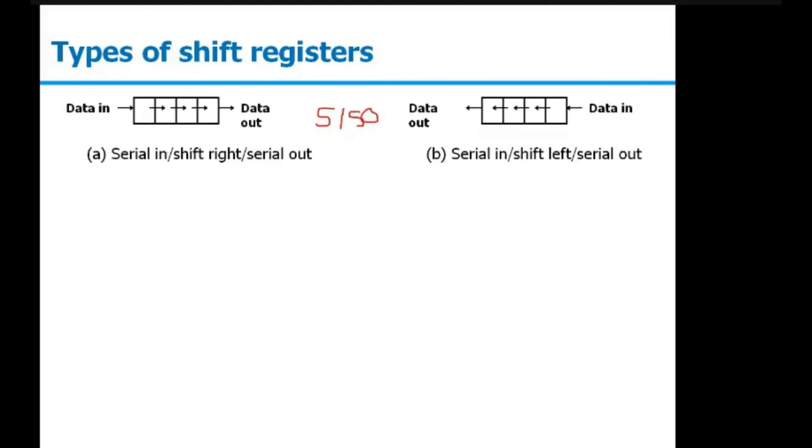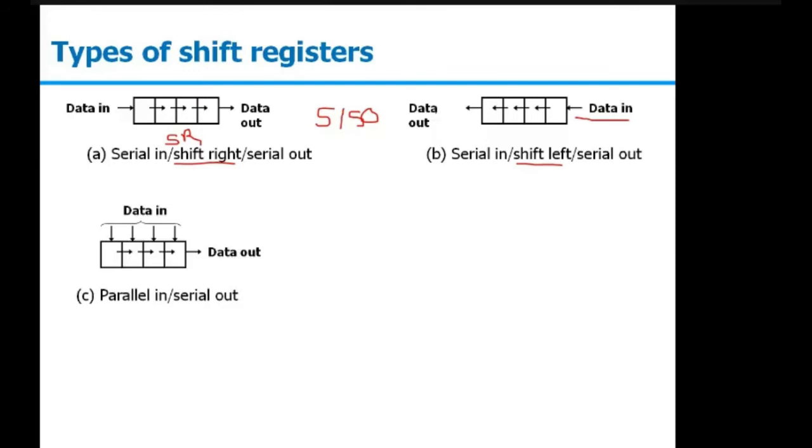This is serial in, shift left, because here data will be input at this node, it will be shifted left and then serial out. The second one is parallel in, serial out, so data will be entered in the register at once and then either it is going to shift right or shift left depending on the configuration, and then you will be taking it out.